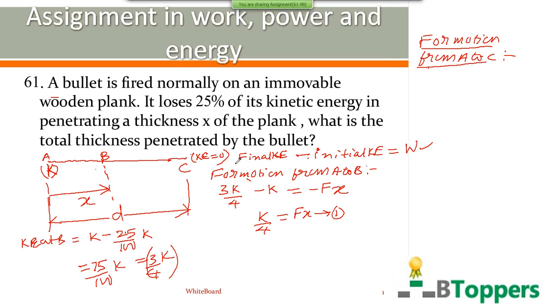So again we use the same equation: final kinetic energy at C minus initial kinetic energy at A is equal to work done by the retarding force for displacement from A to C. Final kinetic energy at C is 0. Initial kinetic energy at A is K. Work done by the retarding force will be minus F into D. Or you can write K equal to F into D.